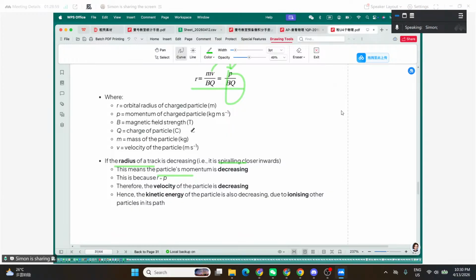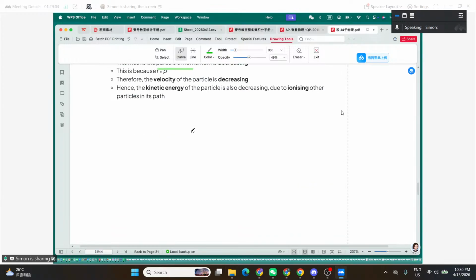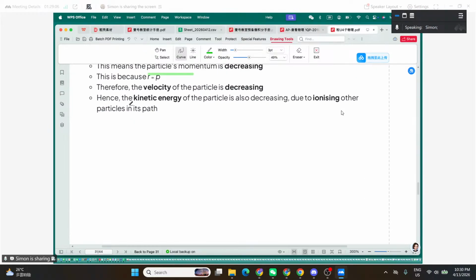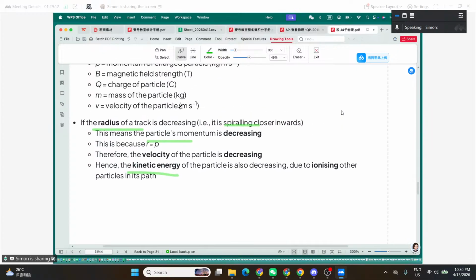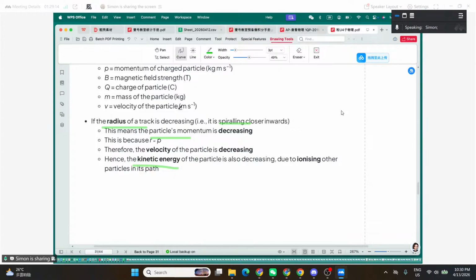Therefore the velocity of the particle is decreasing, and hence the kinetic energy of the particle is also decreasing. Why is the velocity decreasing? Because the momentum is decreasing.